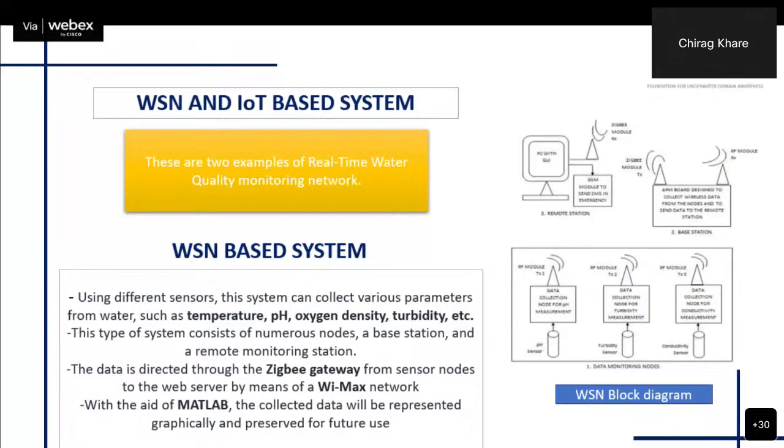It uses different sensors and it collects various parameters from water such as temperature, pH, oxygen, density, turbidity, etc. It is basically divided into three main parts, that is data monitoring nodes from which the data is eventually extracted and sent to base station, and from base station it is sent to the remote station from where it all can be controlled. The data is sent through the Zigbee gateway from sensor nodes to the web server via a WiMAX network.